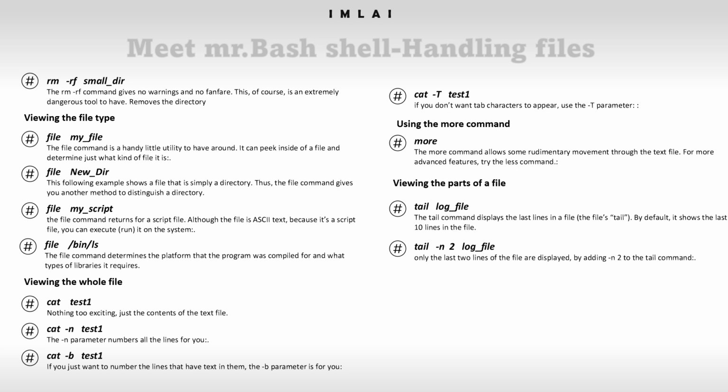Now what else we have is the head command. The head command does what you would expect. It displays a file's first group of lines. By default, it displays the first 10 lines of text.